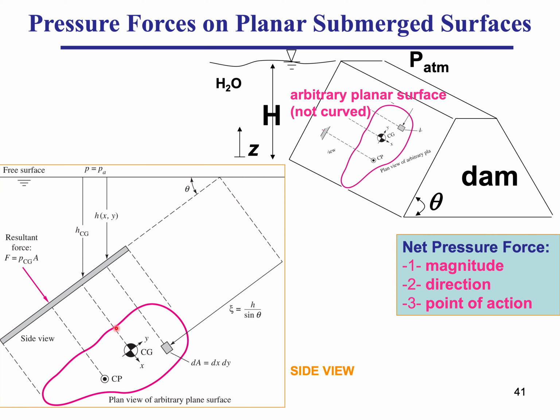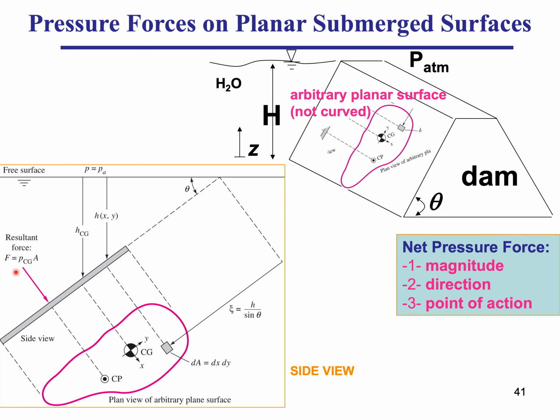The center of gravity, which is a geometric property of this pink contour, has its projection located here, and it's submerged under a liquid of height hcg. And the action point, as we will find out, of the net hydrostatic pressure force over this surface is going to be the center of pressure, and the force is going to be perpendicular.